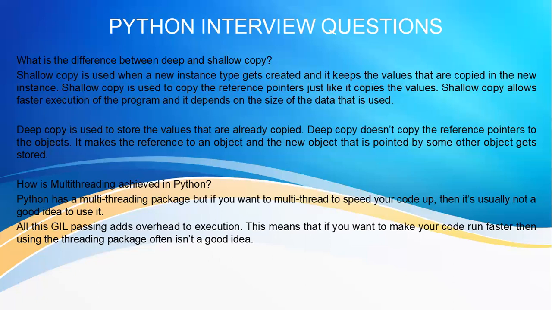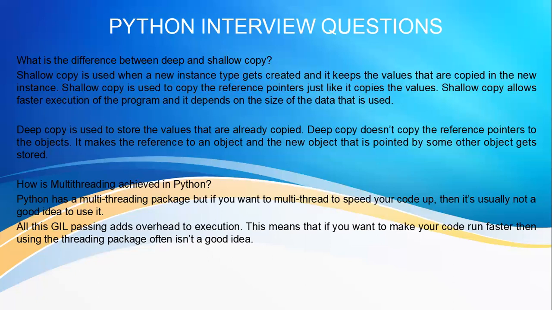So next question, how is multi-threading achieved in Python? Python has a multi-threading package, but if you want to multi-thread to speed your code up, then it's usually not a good idea to use it. Python has a construct called global interpreter lock, that is GIL. The GIL makes sure that only one of your threads can execute at any one time.